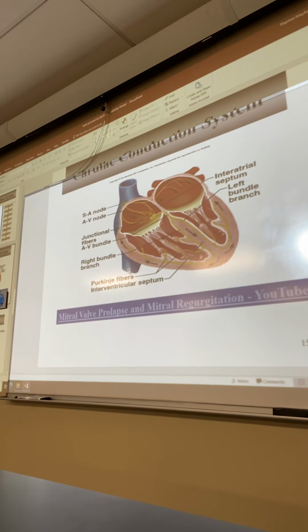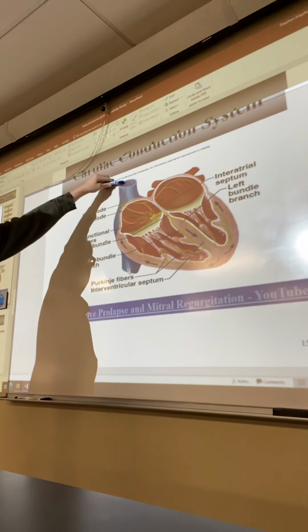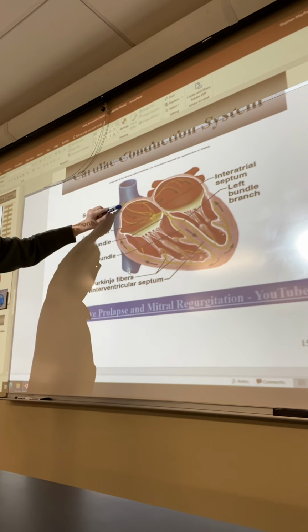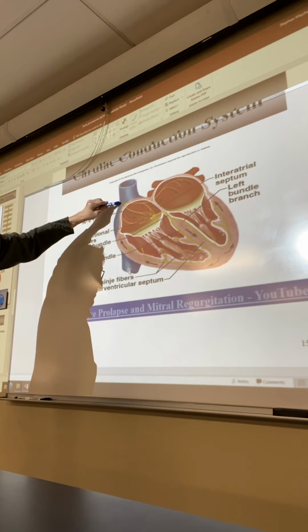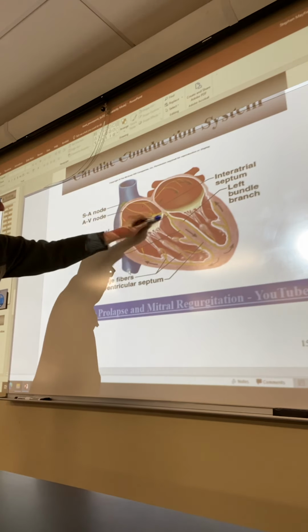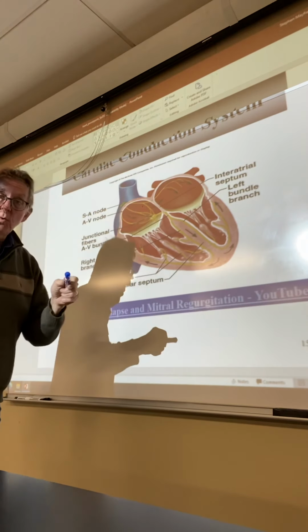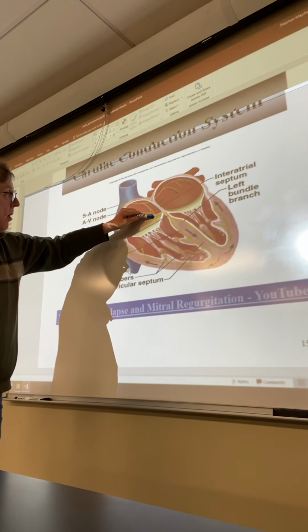All right, so here we can see on a more realistic heart, you can see right up here, I'd said this is the superior vena cava. We'll look right here. That's where the SA node is. And then down here, right on the border between the two atria and the two ventricles, we have the AV node.